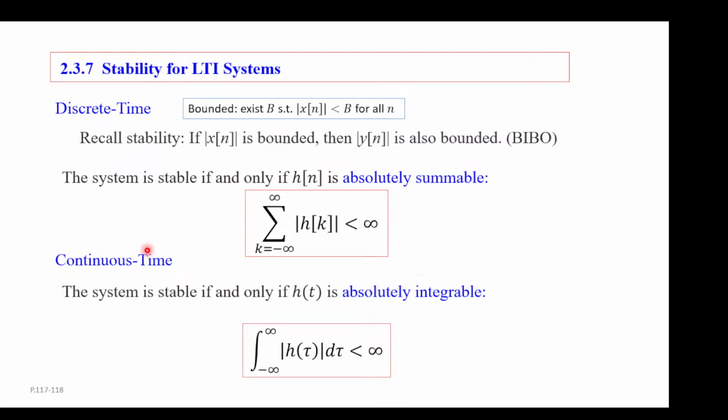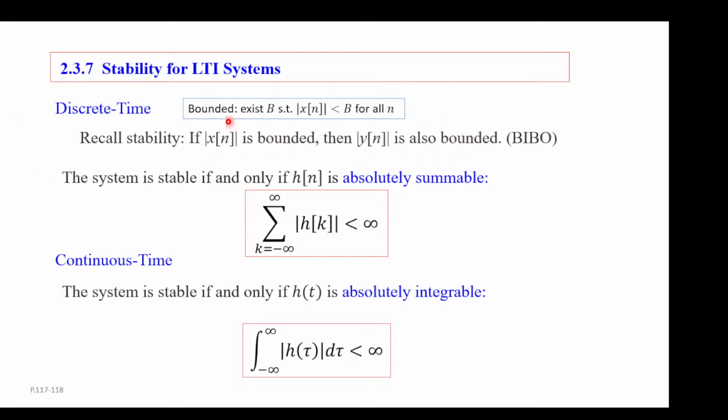A system is stable if you need to look at the input and output: if for every bounded input you get a bounded output, then we call this system stable. This is BIBO: bounded input, bounded output.